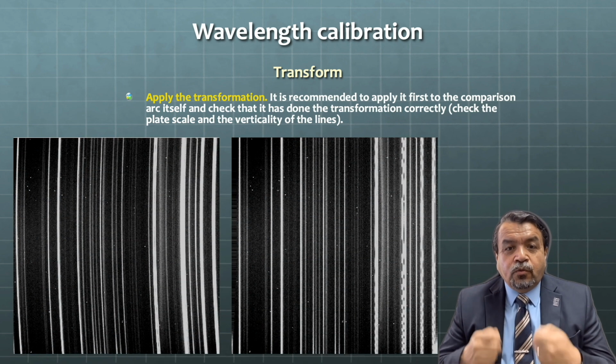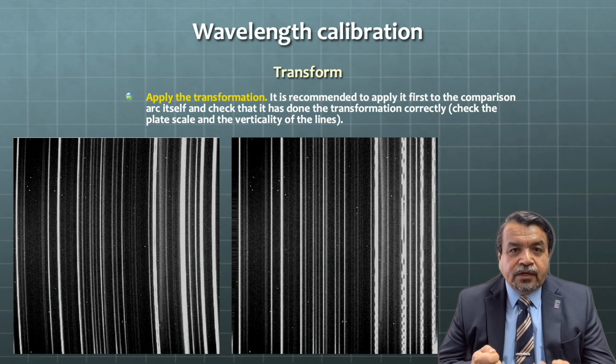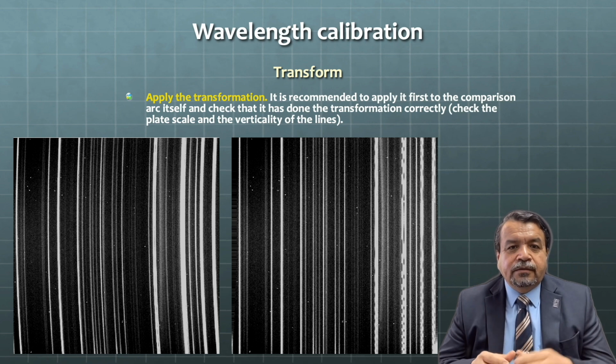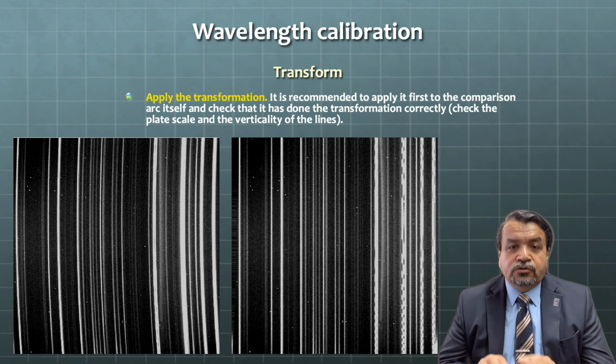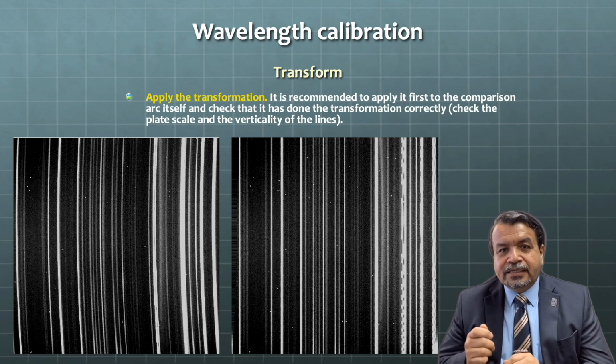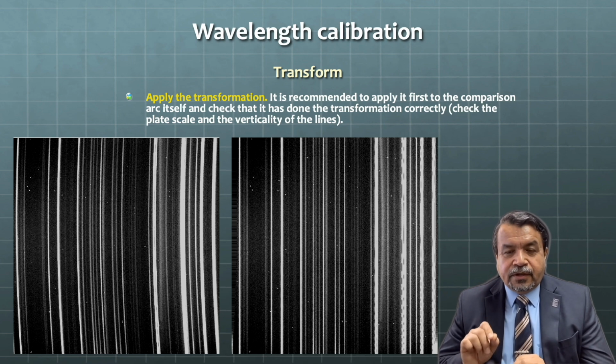All right, so once the comparison arc is transformed, this is what it looks like, okay? On the left-hand side, we have the original comparison arc, and on the right-hand side, it is already calibrated and prepared for use. Upon examination of the lines at this moment, it is evident that they all exhibit a straight appearance. However, it is not just that.